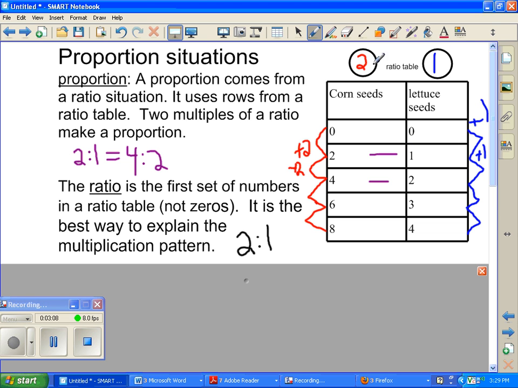You can also look up here, right? Because that's what is increasing from the 0. So the ratio for this whole table is 2 to 1. We can think of it as every 2 seeds of corn is 1 of lettuce. Right? So every 2, there's 1. So you have 2 groups here, 2 groups here.